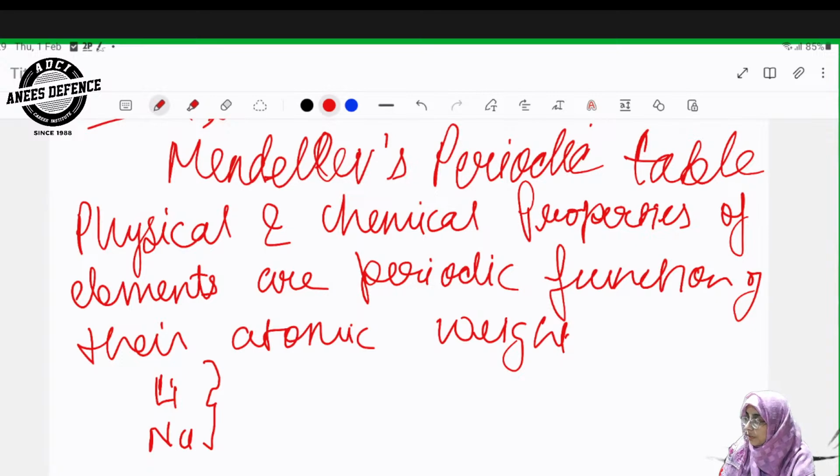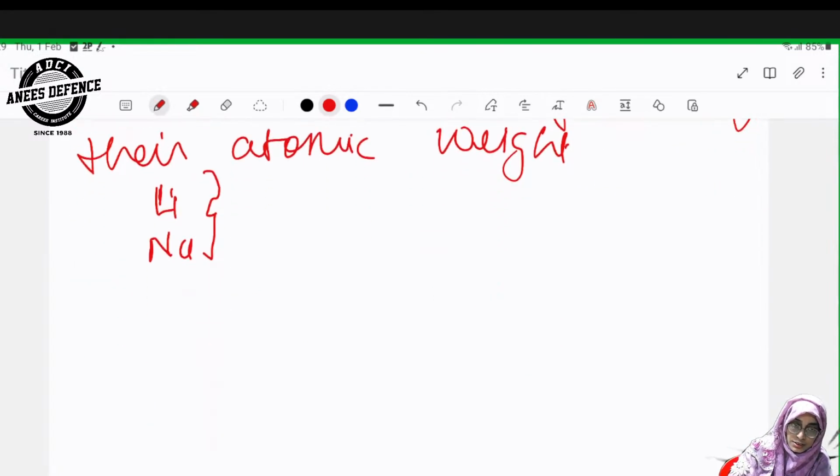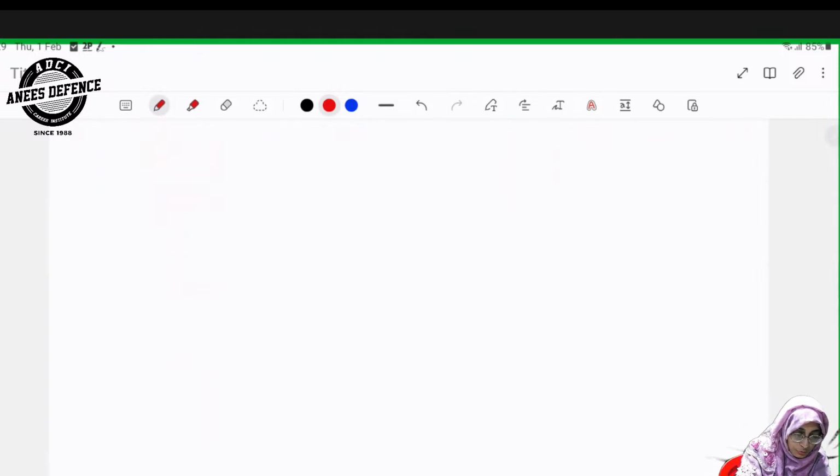What are isotopes? See, he arranged the elements on the basis of their atomic weight, correct. But there are isotopes. Isotopes means, better write it down: isotope.